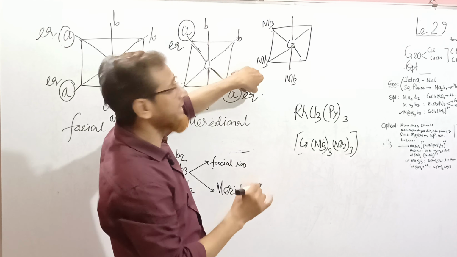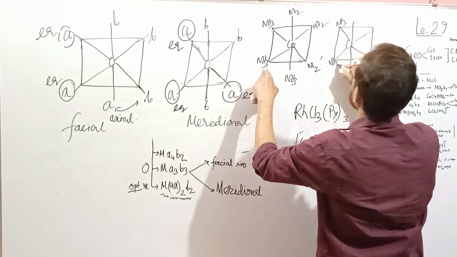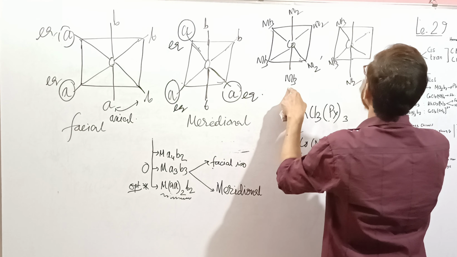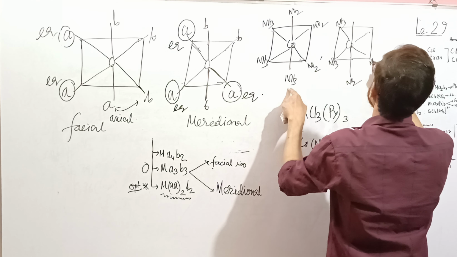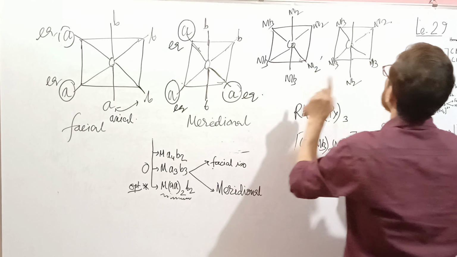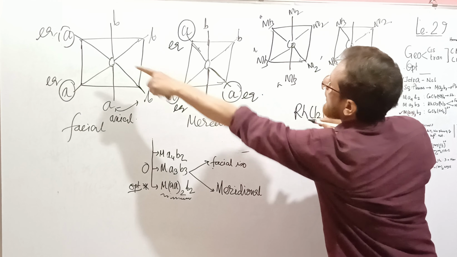Now what is the next one? Next part, A. You just interchange these two, Na2, NH3, Na2. So here this is A, like this.